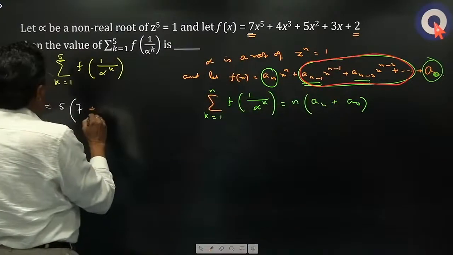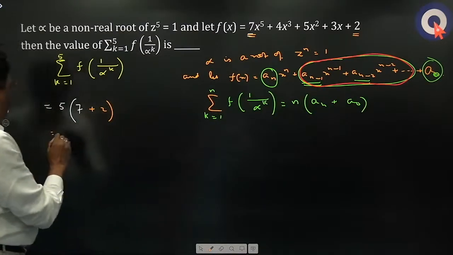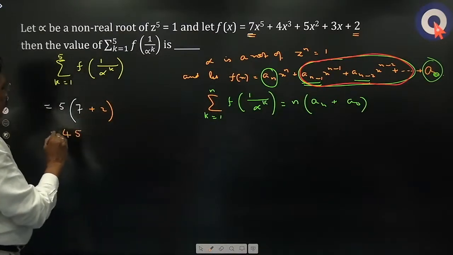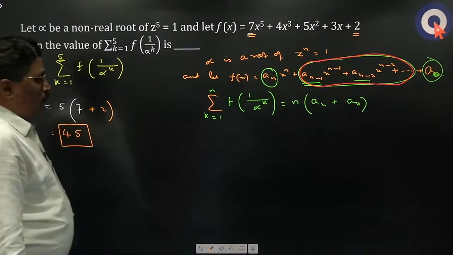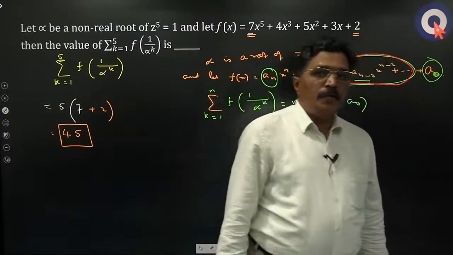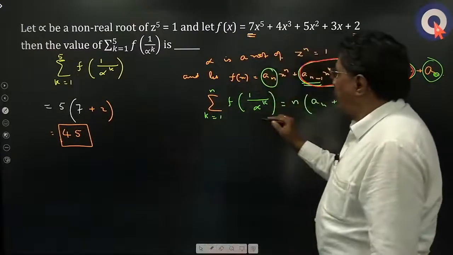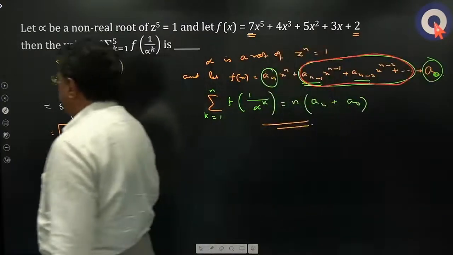So 7 plus 2. So the required answer is 9 into 5. So 45 is the required answer. Understanding could become better if you can prove this result once. All right.